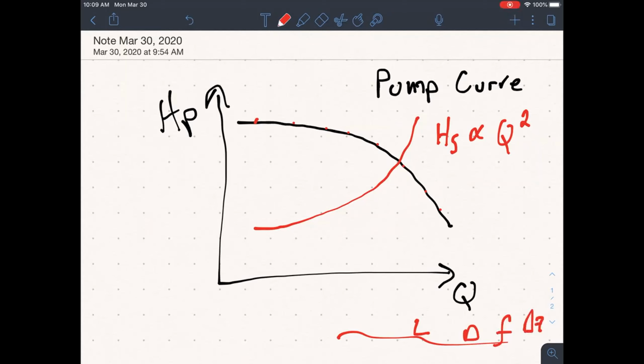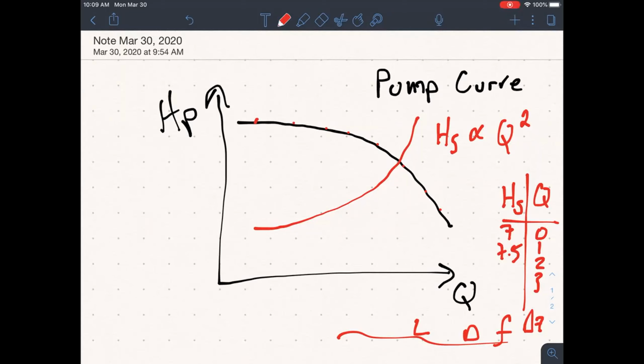You use the Darcy-Weisbach equation, or the energy equation, to create a relationship between the friction loss in the system, or the head that the pump has to overcome, and discharge. So for a given discharge, you get this head loss, and that's what the system curve looks like.